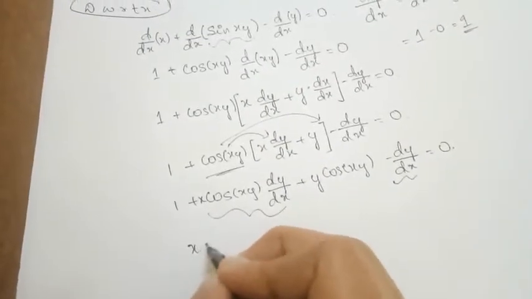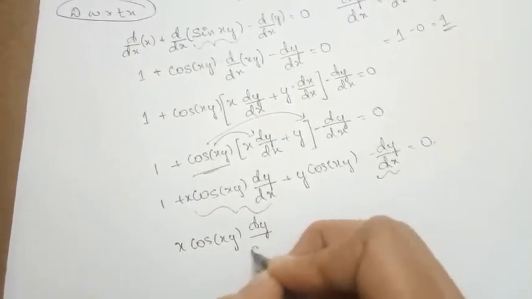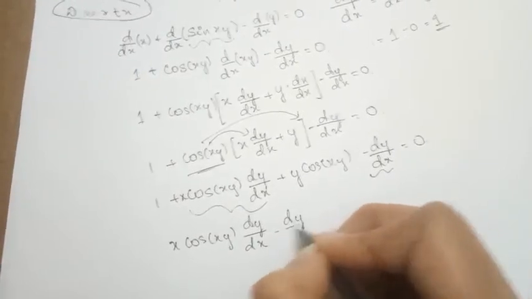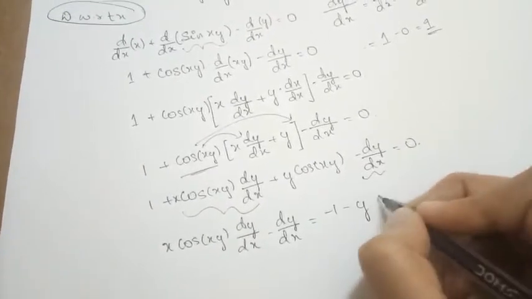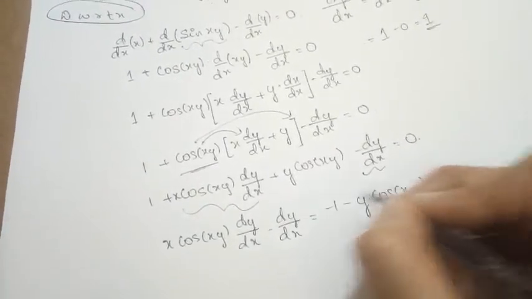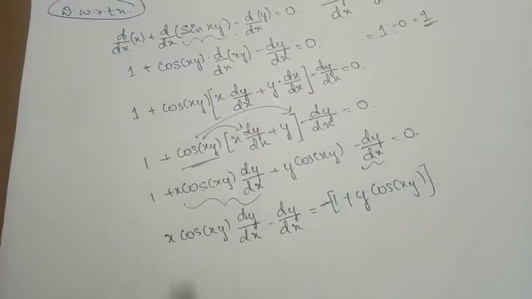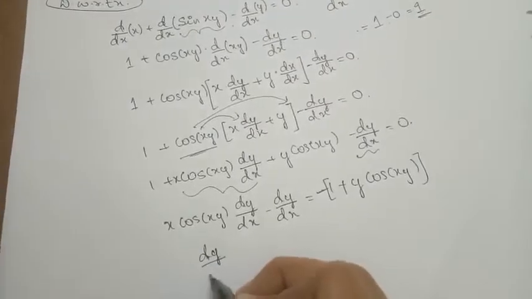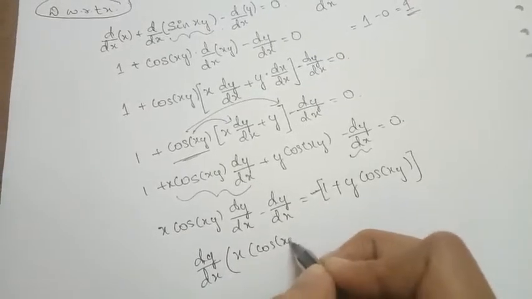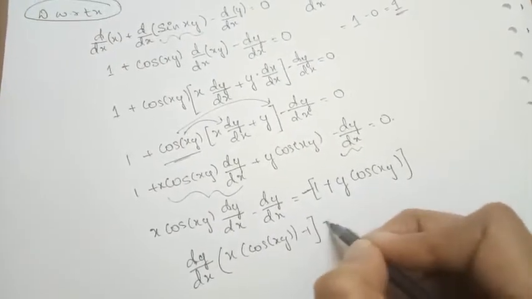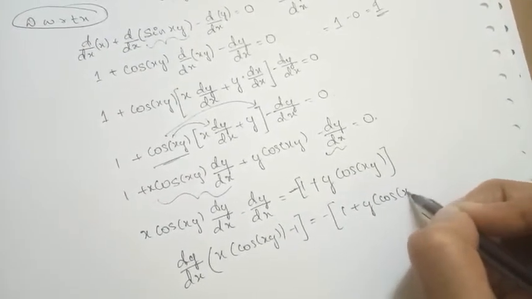So what happens? x cos xy dy by dx minus dy by dx is equal to minus 1 minus y cos xy, or by taking the minus common I can write it as minus of 1 plus y cos xy. So here if I take dy by dx as common, what are we going to get? x cos xy minus 1 is equal to minus of 1 plus y cos xy.